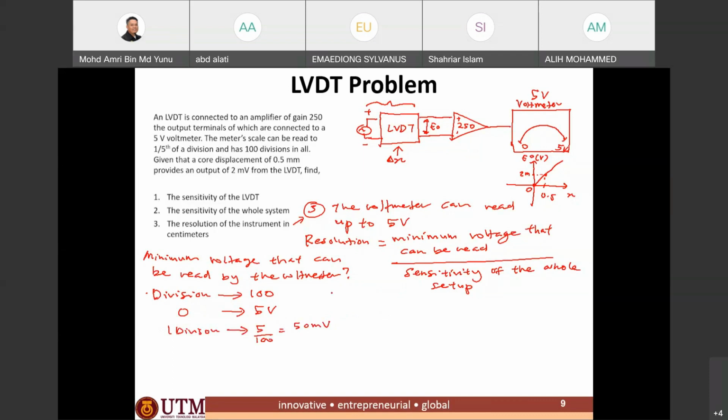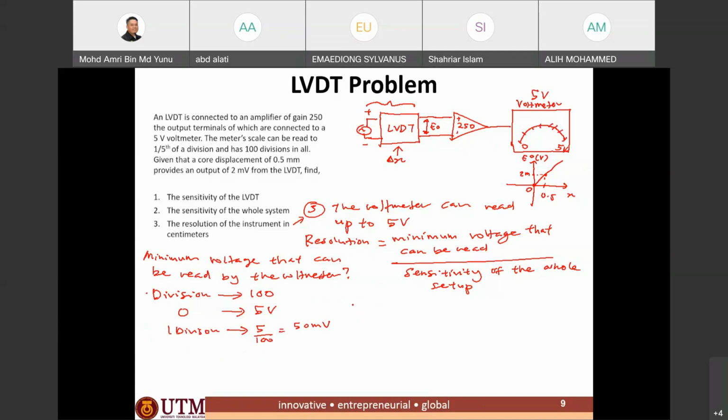So for each division, there are 100 divisions, but each division can read 1/5.